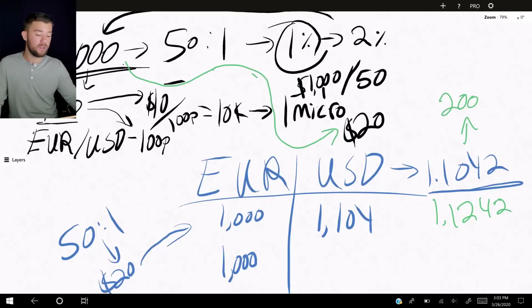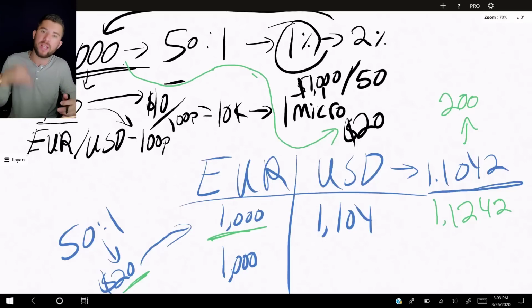Now your broker said $20 and will let you hold 1,000 euros at the price of 1.1042 or $1,104, and we'll let you hold this as long as you want, as long as whenever you pay us back, you give us that same 1,000 euro value.